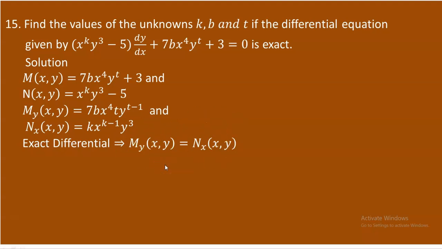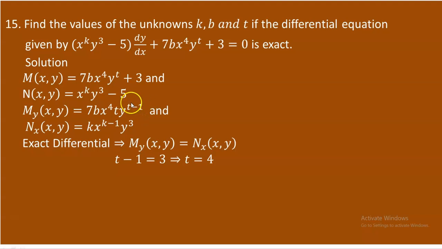So My is the same as Nx implies that, look, for these two to be the same, the k minus 1, which is the exponent for x, must agree with 4, as you see here. So if k minus 1 has to be 4, we can know what k is. And here the exponent of y is t minus 1, whereas the exponent of y is 3 on the other side.